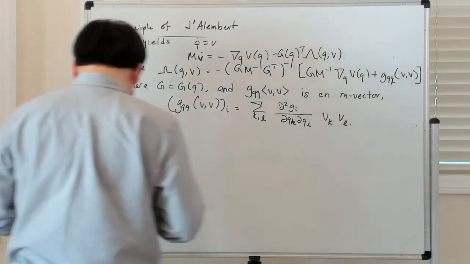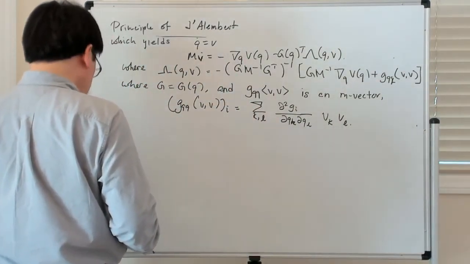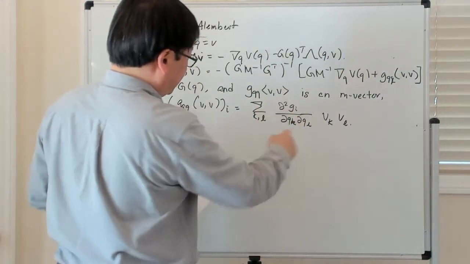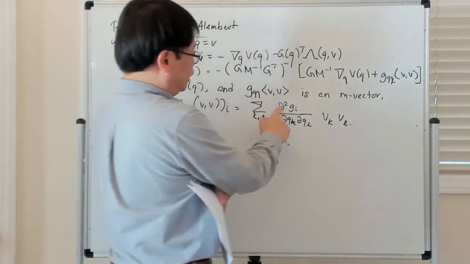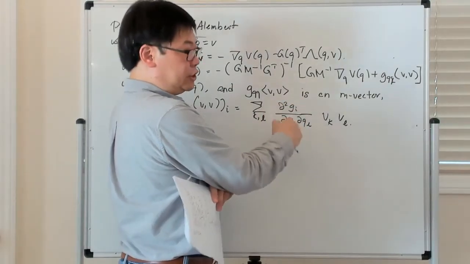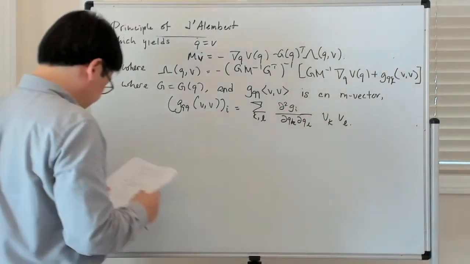It's really the quadratic form associated with each of the Hessians of each of the g i, contracted.